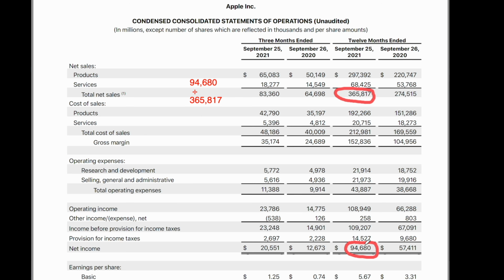Now, if we divide Apple's net income by its revenue, you will get a percentage, and in Apple's case, that number is 26%. This is Apple's profit margin. This means that 26% of Apple's revenue was converted into profit, or said another way, for every $1 of revenue Apple made, they converted 26 cents into profit.